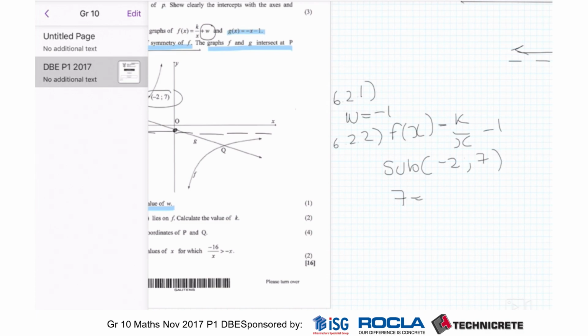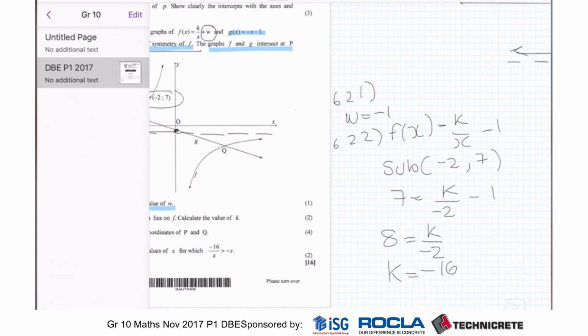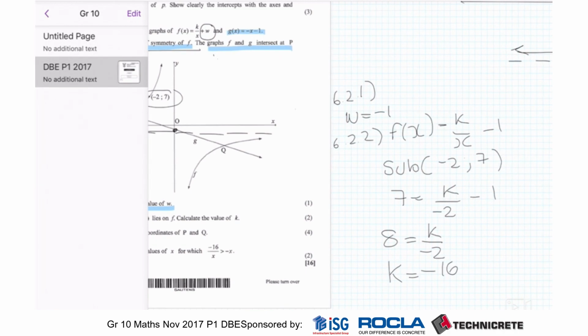So 7 is equal to, we're wanting to find k, k over -2 minus 1. Take the 1 to the other side, so I'm going to get 8 is equal to k over -2. We cross multiply, k is equal to -16. So let me write in this equation here. So my f of x is -16 over x minus 1.